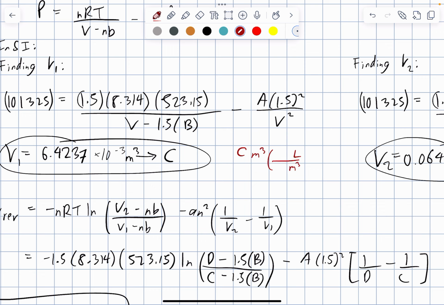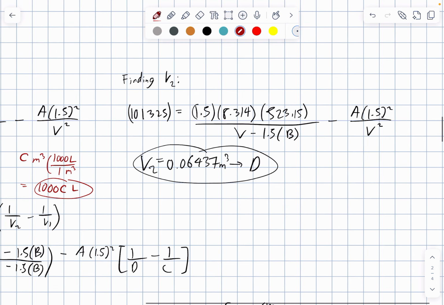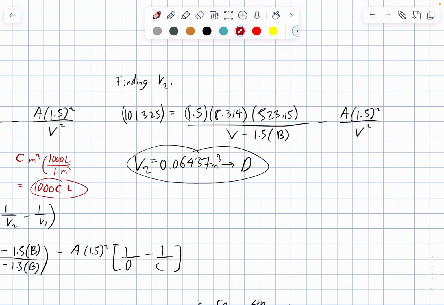We want to convert it into liter. 1,000 liter is to 1 meter cube. So, that's gonna be 1,000 C liters, no? And then here, D meter cube. We do the same thing, basically. So that's gonna be 1,000 D liters.